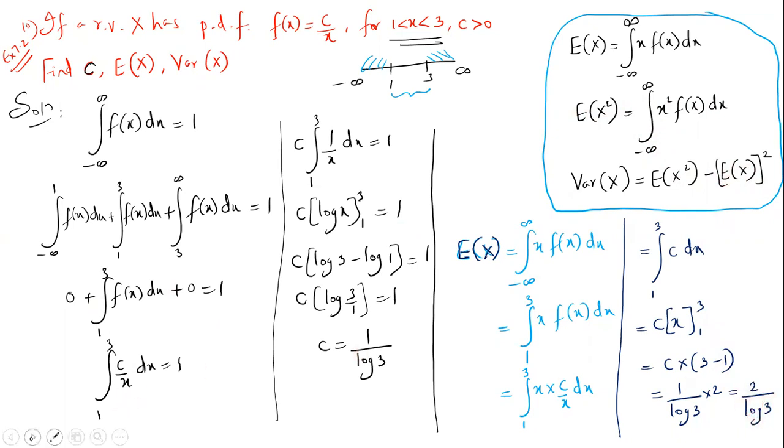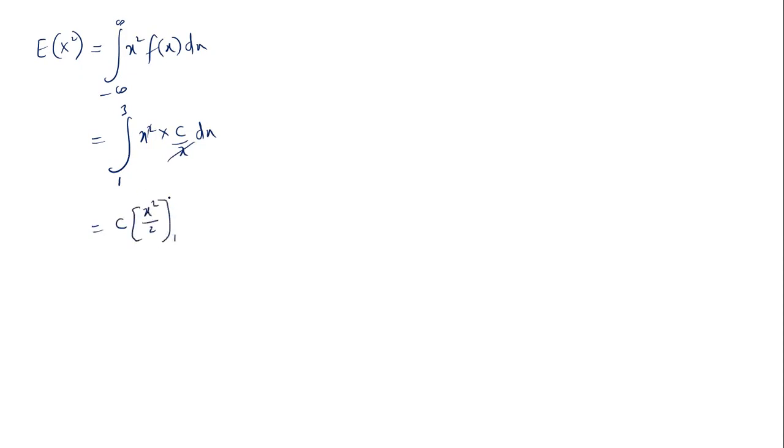So E(x square) is defined from minus infinity to infinity, the only difference being x square into f(x) dx. So from 1 to 3, x square into c by x. X will cancel, c will come outside. Integration of x is x square by 2, from 1 to 3.